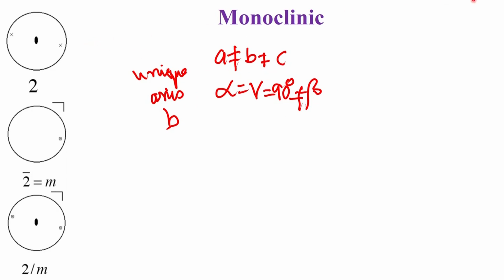So, you will get equivalent points corresponding to the two-fold operation as follows: x, y, z and x bar, y, z bar. Obviously, the number of objects which can come in this monoclinic crystal system with a two-fold point group symmetry will be Z equals 2 in the unit cell. So, there are two molecules in the unit cell, and these two molecules are related to each other by x, y, z and x bar, y, z bar.